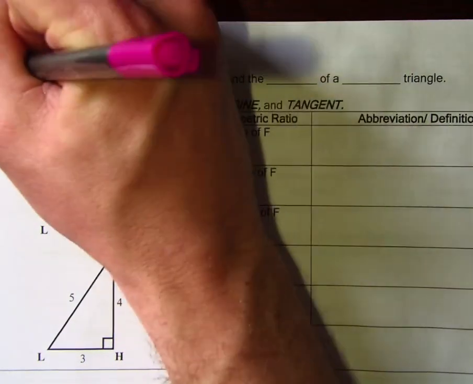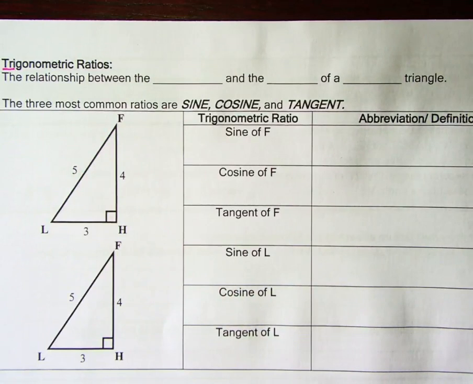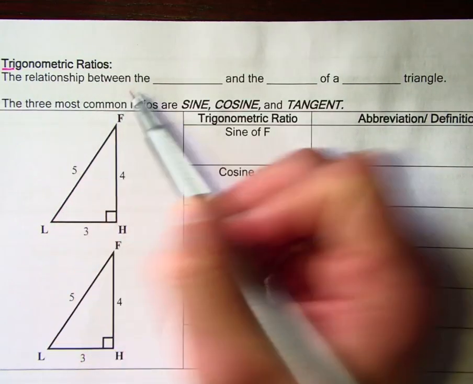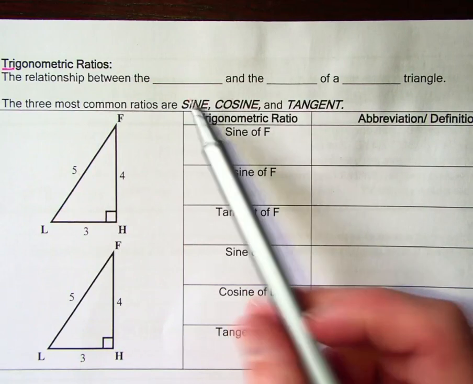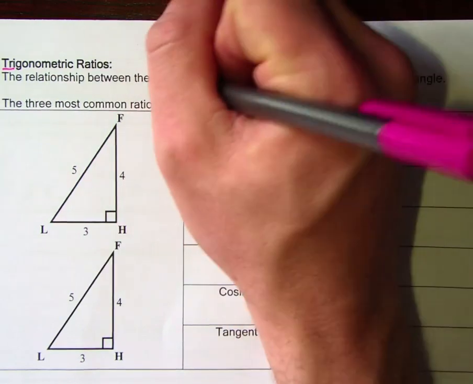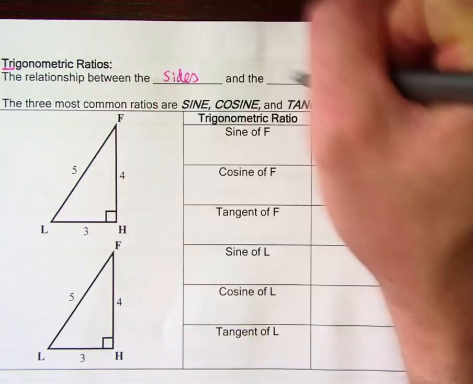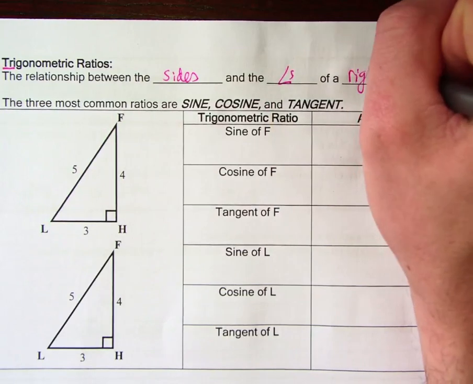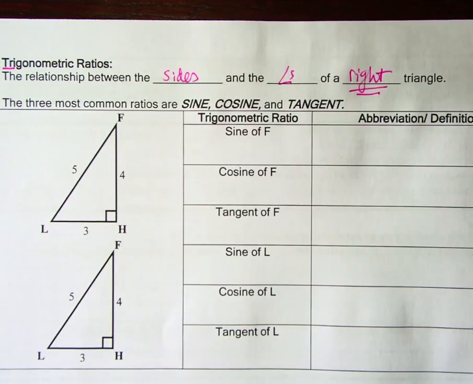Okay, you see the prefix tri for triangle for 3. A ratio is a relationship, okay, and it's going to be a relationship between the sides and the angles of a triangle. But what kind of triangle? A right triangle. Only a right triangle is this going to work for.